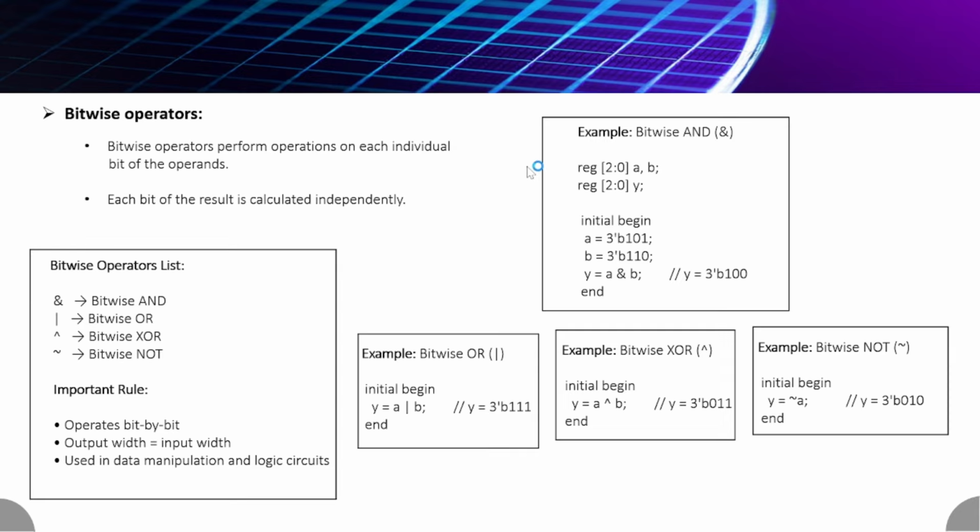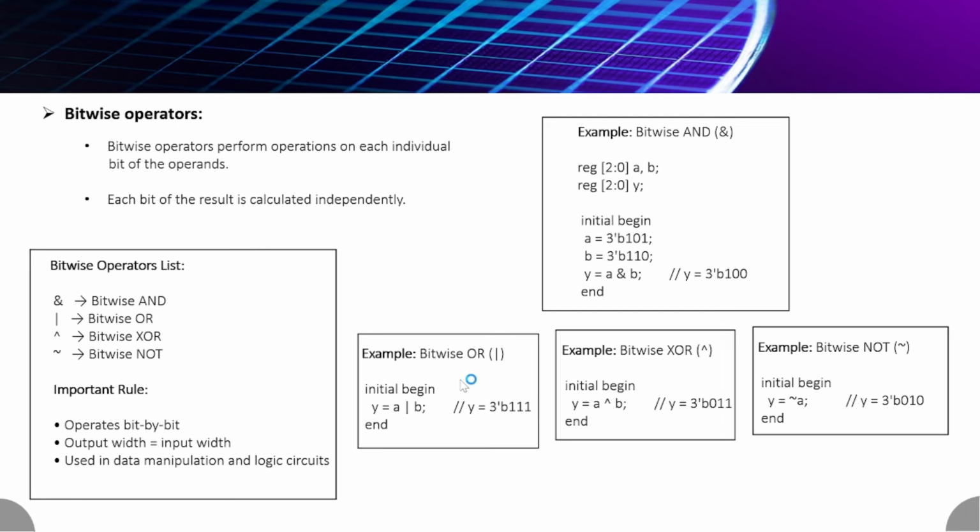In the bitwise AND example, each bit of A is ANDed with the corresponding bit of B. For example, A equal to 3'b101 and B equal to 3'b110. When we apply bitwise AND, the result becomes 3'b100. In the bitwise OR operation, if any corresponding bit is 1, the result bit becomes 1.